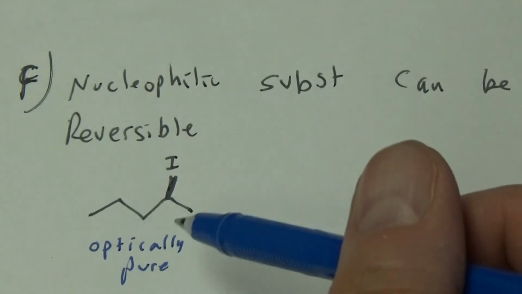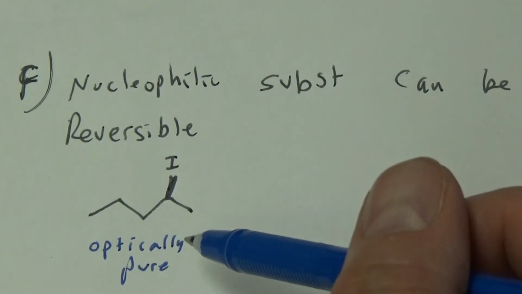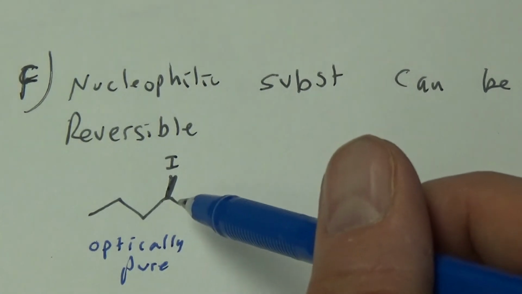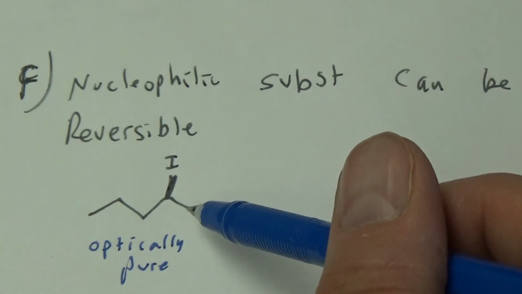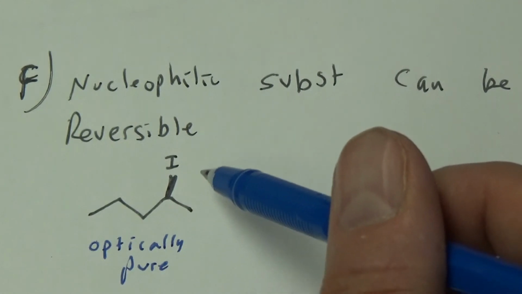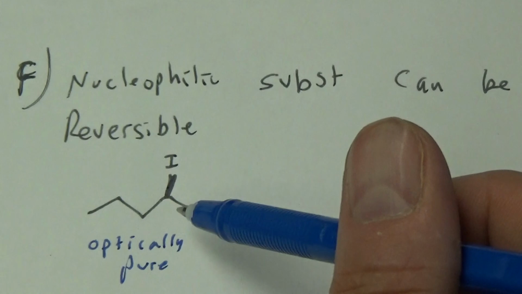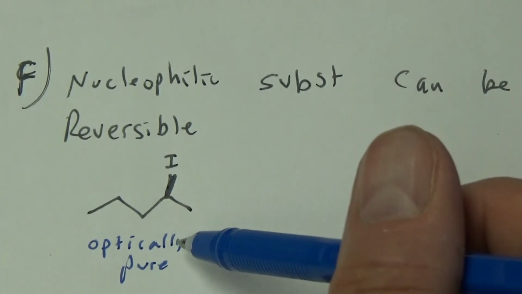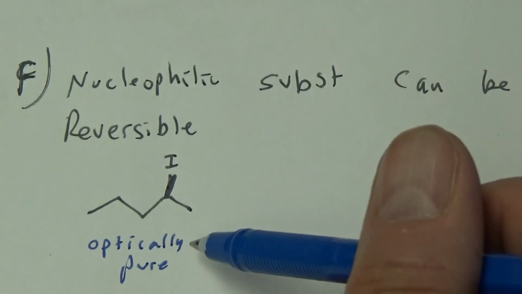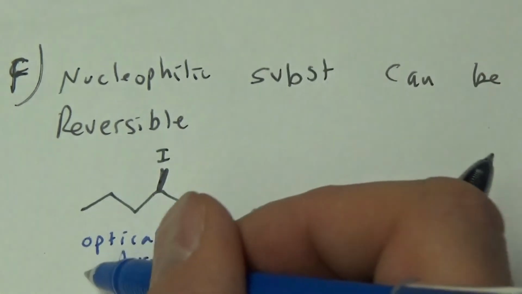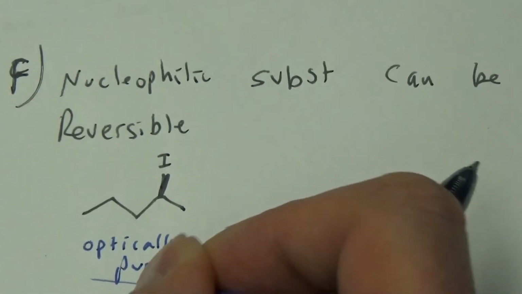Optically pure means that it rotates light at the maximal level for this substance. If it was a mixture of enantiomers, like if it was racemic, there would be no optical rotation, or it would be optically inactive. Optically pure basically means it's a single enantiomer. That's all it means.